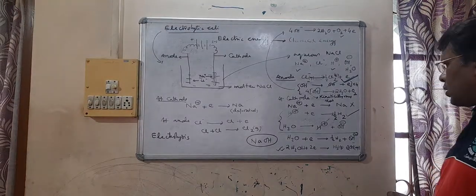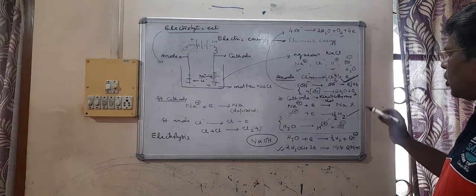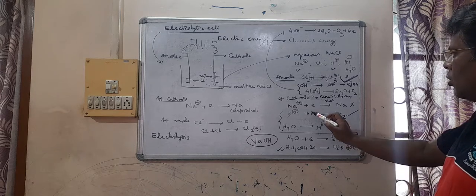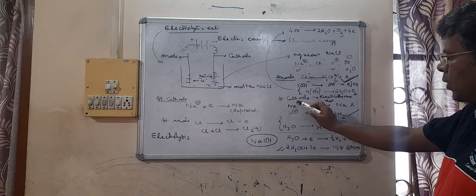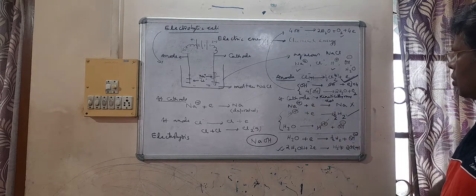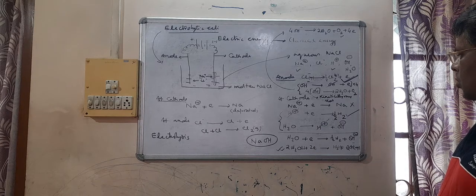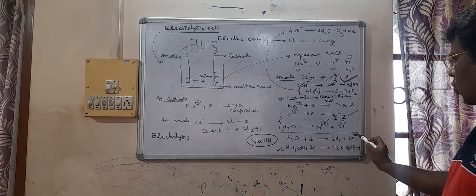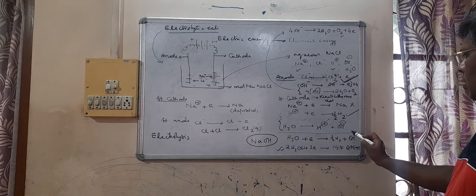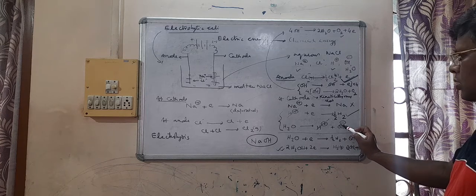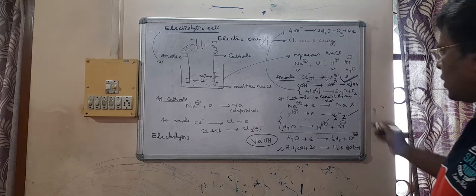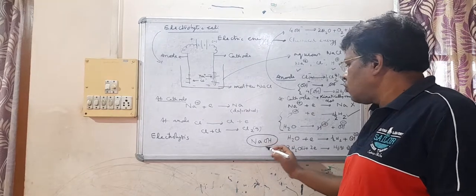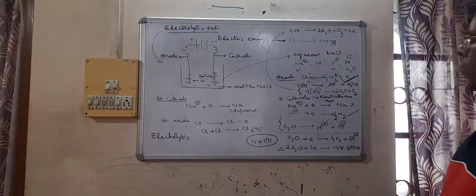How will NaOH be formed? Because you see here, this Na plus is remaining in the solution, and your OH minus also is remaining in the solution. So that Na plus and OH minus will form NaOH.